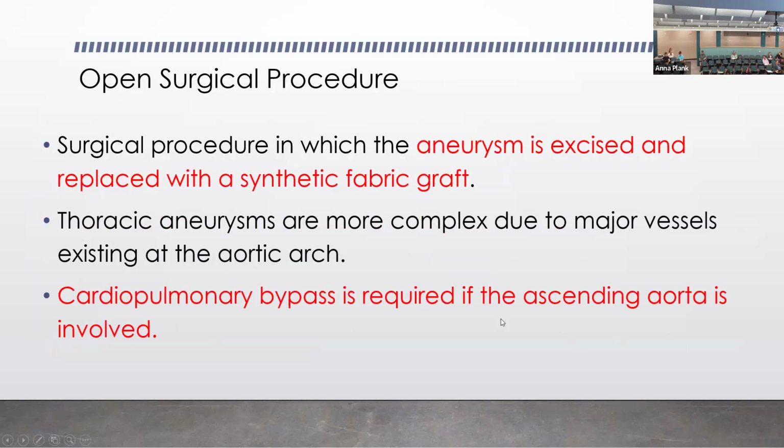The open one, again, is an open surgery. I tried to find a picture of an open surgery, but they were all too gruesome, so you can look them up on your own. But just like for open heart surgery, they take the saphenous vein, right, and they bypass and reconnect. They use a synthetic fabric graft to either wrap around or to bypass that area.